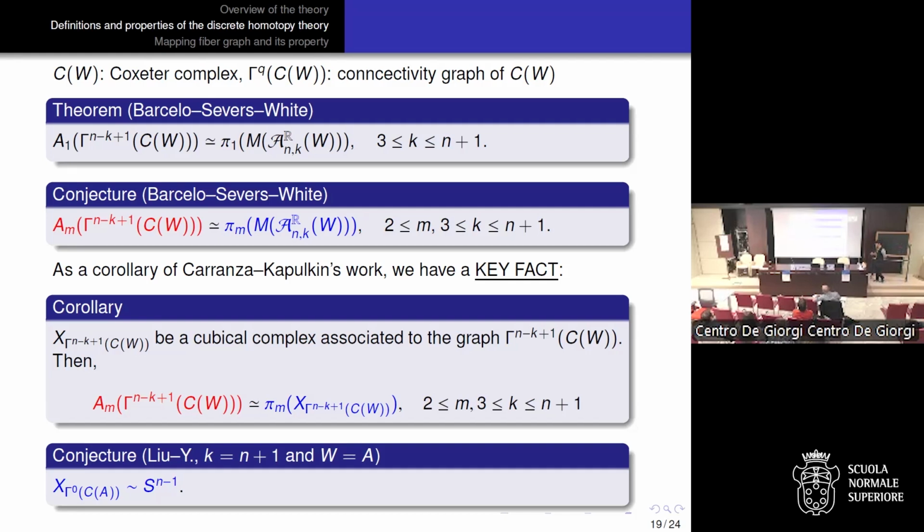But anyway, it is still a conjecture saying that in this first step, if this cubical complex is homotopy equivalent to the (n minus 1)-dimensional sphere, then these two spaces are homotopy equivalent. So we can check this isomorphism. But for now we have no idea how to prove this homotopy equivalence. But anyway, this is a conjecture.